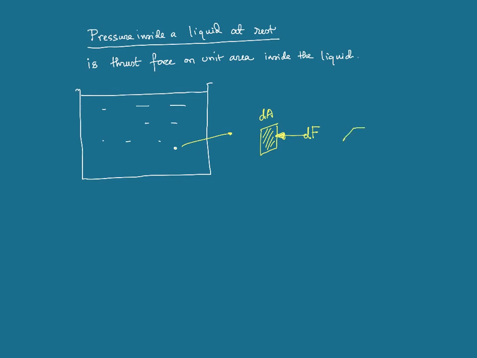And suppose maybe in this direction as well, area dA, then the force from this side is dF, or maybe in this way, the area is dA and the thrust force is dF.